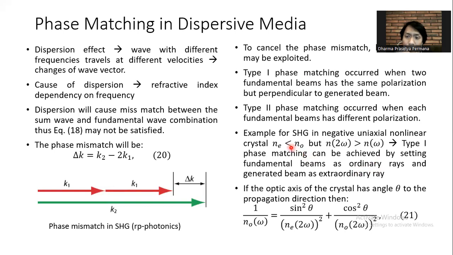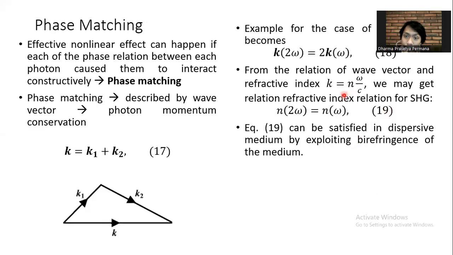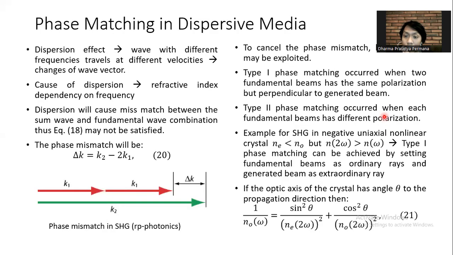That way we can reduce the refractive index of the generated beam slightly, so that it has the same value as the refractive index of the fundamental beams, so that they are equal. So it will satisfy equation 19, which is basically the perfect phase matching condition. This is one example.